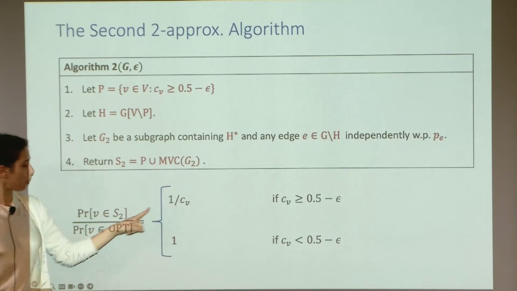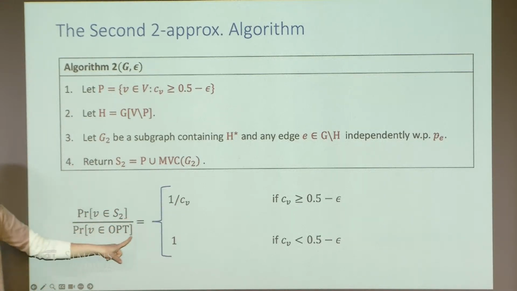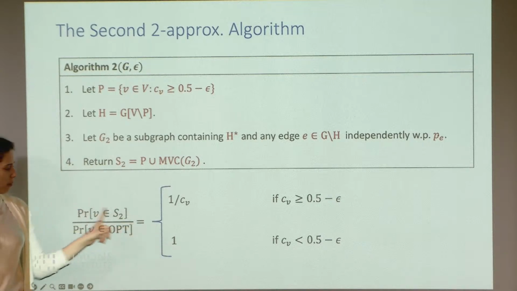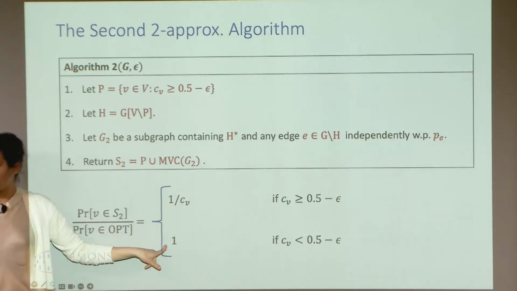So that's going to be 1 over CV, where CV is the probability of the vertex being in the optimal solution. And for all the rest of the vertices, they only have a chance of joining S2 if they are in the minimum vertex cover of G2, which again happens with probability CV. So for the rest of them, this per vertex approximation ratio is 1.